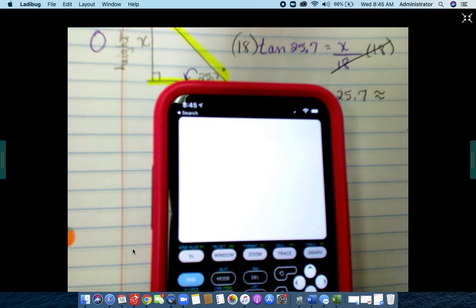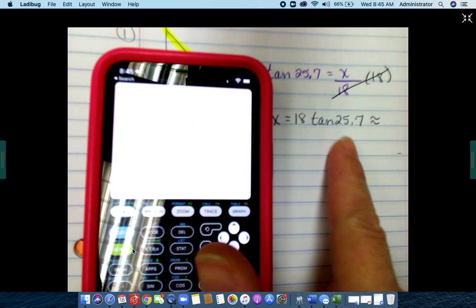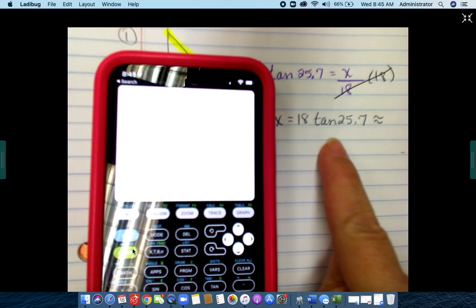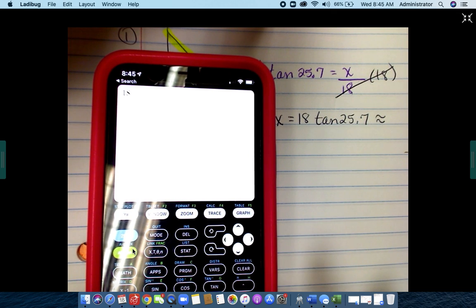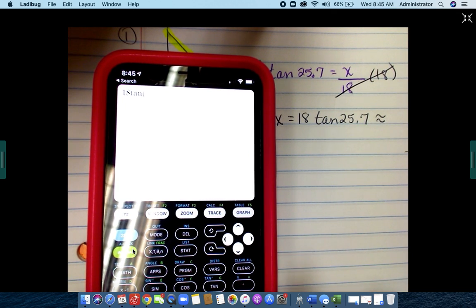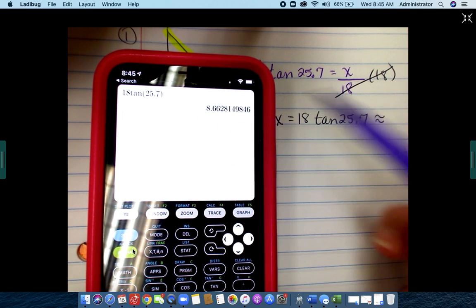Then when I hit second mode, I can type in 18 tangent 25.7, exactly like you see it on paper. So let me focus it so you can see it well, hopefully. So 18 tangent 25.7, and we have a value of approximately 8.7.